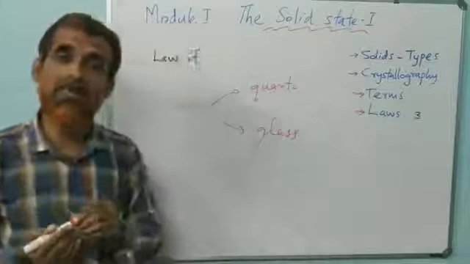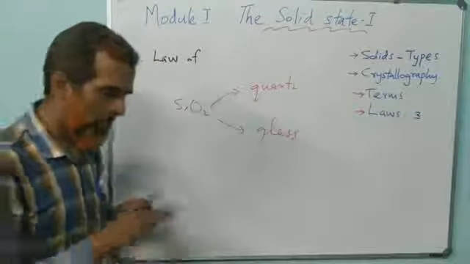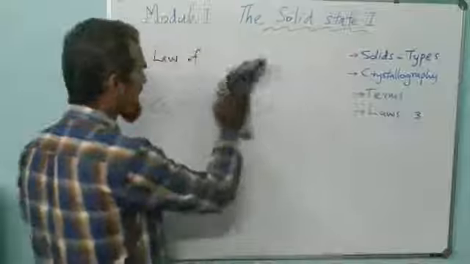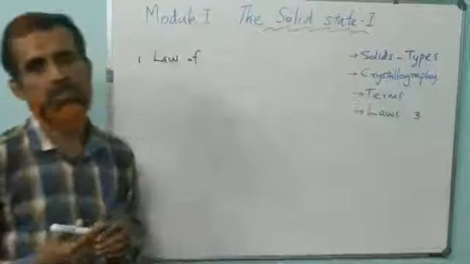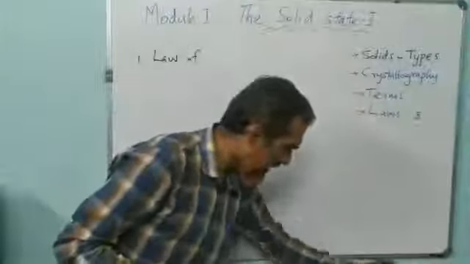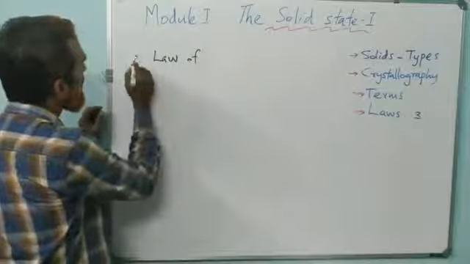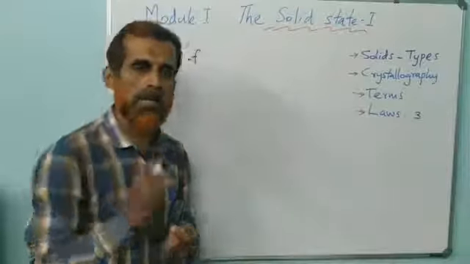So glass is the amorphous form of silica, whereas quartz is the crystalline form of silica. So the same substance can be made to exist either in crystalline or amorphous form by changing temperature and other conditions.